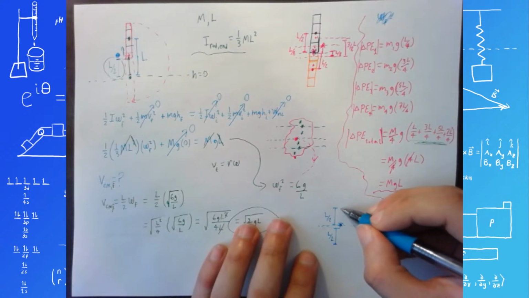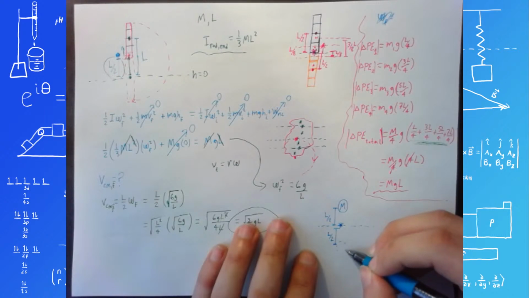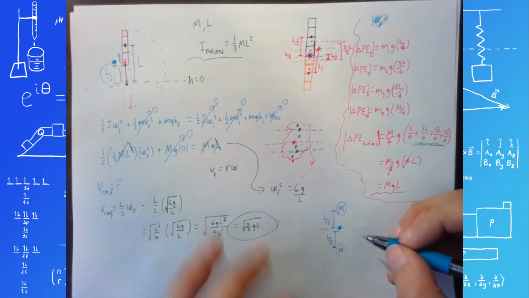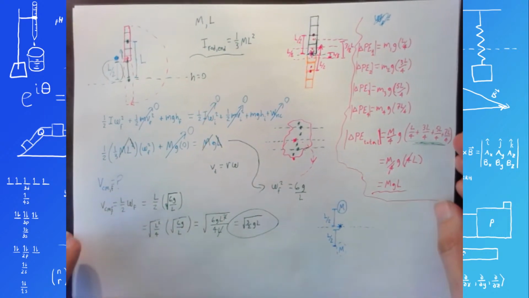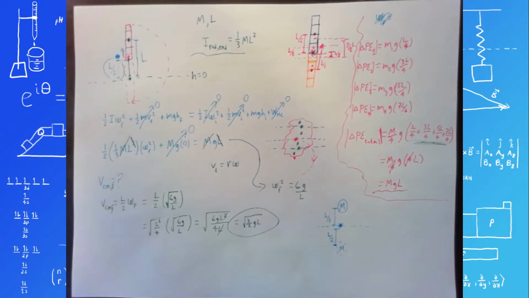Can we just treat it like an object of mass m that moved from here to here and calculate the velocity of that object, and that would be the velocity of the center of mass? No, you can't. No, you cannot do that.